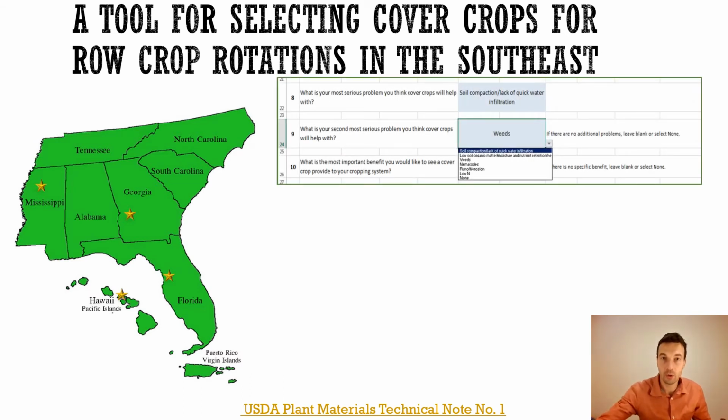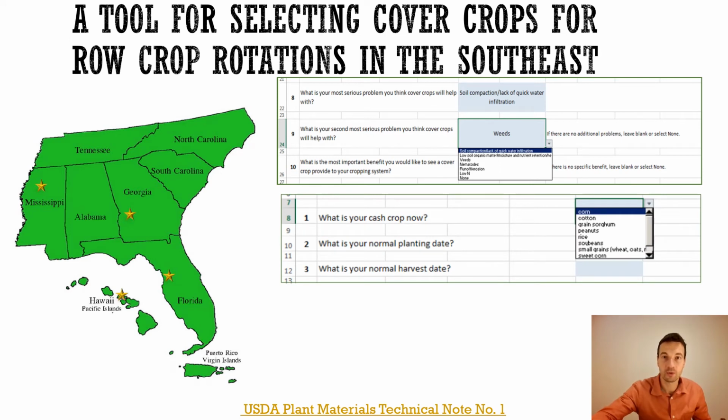The following goals are available for selection: increasing nitrogen content and reducing leaching, weed and nematode suppression, reducing soil compaction, improving water infiltration, increasing soil organic matter, and providing forage.